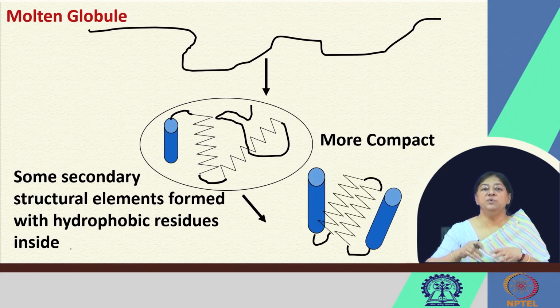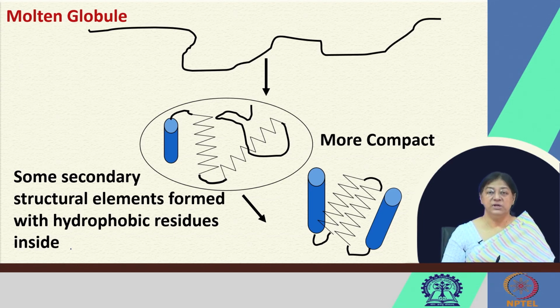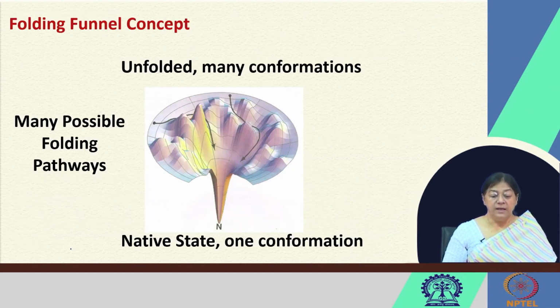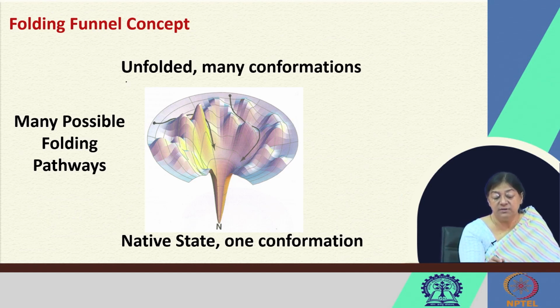Now, each protein will have its own way of folding, in a sense that usually the molten globule way is where it is formed. So, some secondary structural elements are formed, the hydrophobic residues tend to get into the central part of the protein, the hydrophobic core, and the rest readjust to form the overall compact three-dimensional structure known as the protein. The folding funnel concept is what is in vogue.